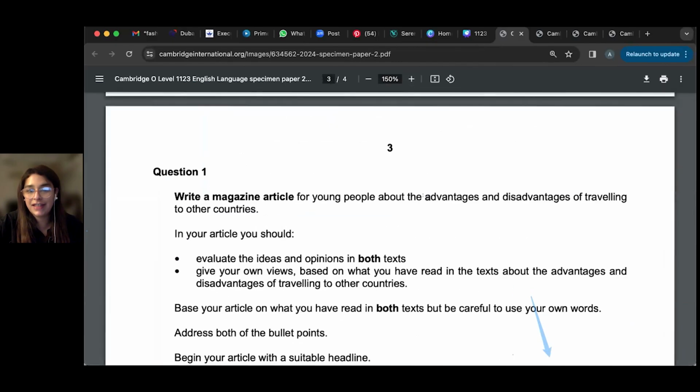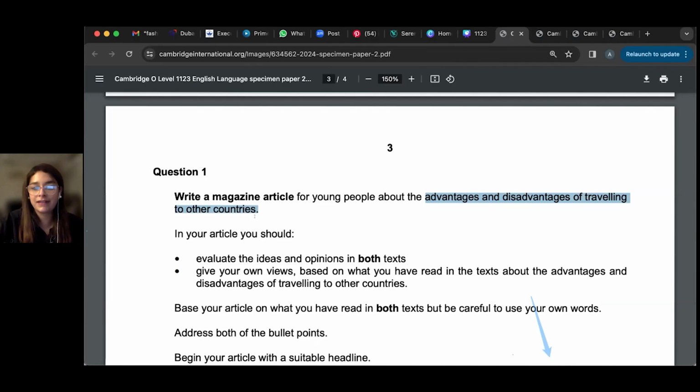The question says advantages and disadvantages of traveling to other countries. So we're not talking about traveling, because you are traveling from your school to your house as well, in a way. The question is talking about the advantages and disadvantages of traveling to other countries.